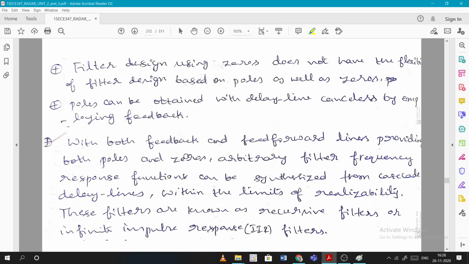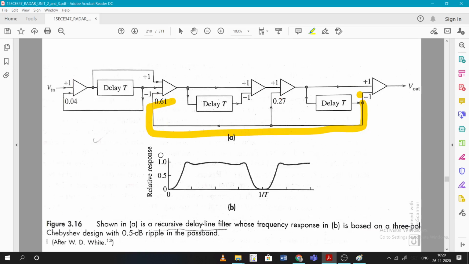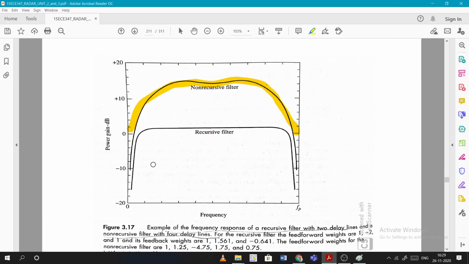For a particular required frequency response, by using the recursive filter we are using only 2 delay lines, but in the non-recursive filter we are using 4 delay lines.